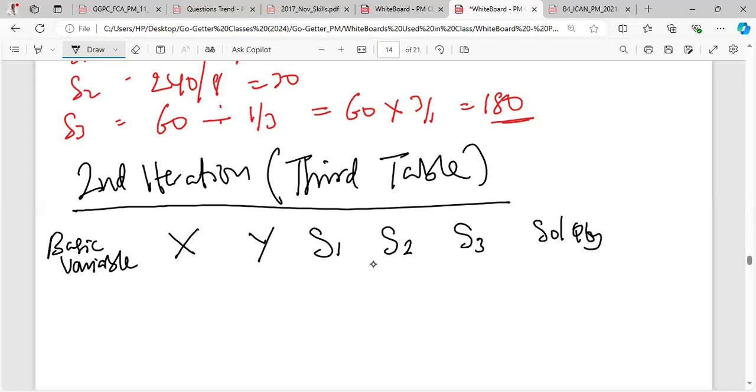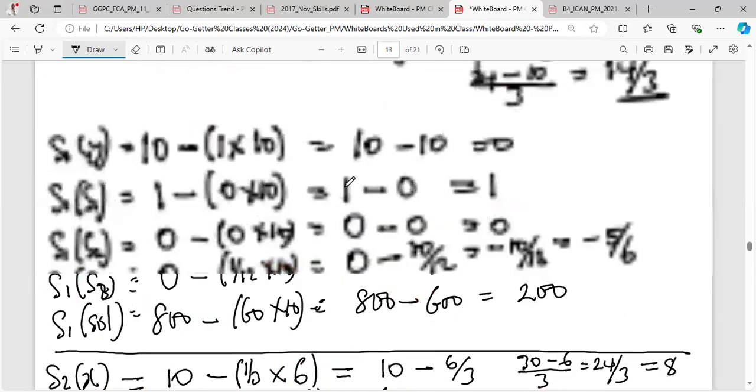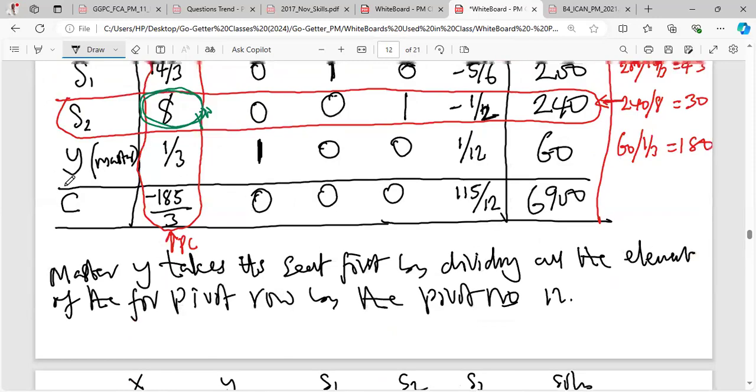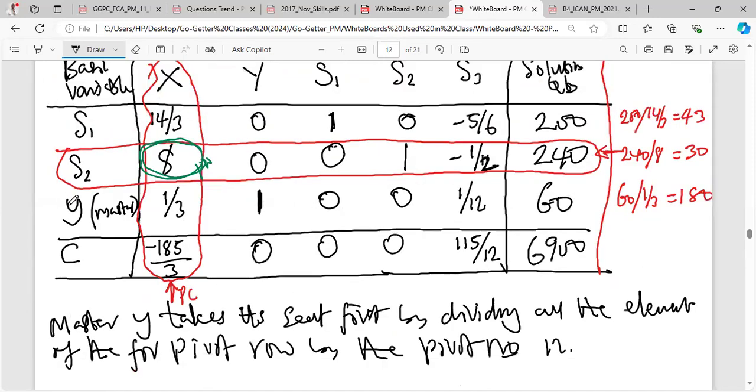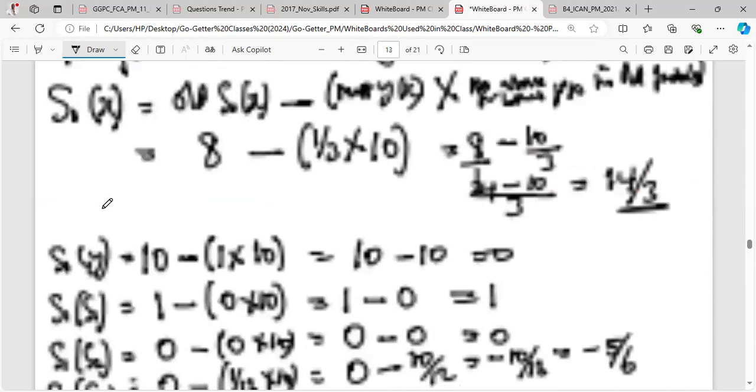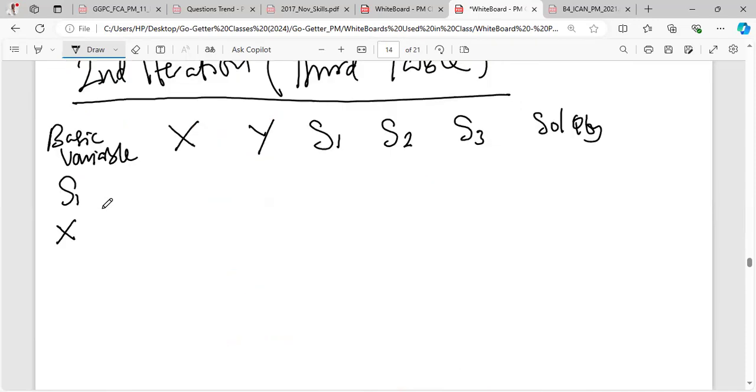And we said that S1 will not be displaced. S2 is now being displaced by X. As you can see here, S2 will be displaced, then Y and C will remain. S2 will be displaced by X, and X will now be the new master.